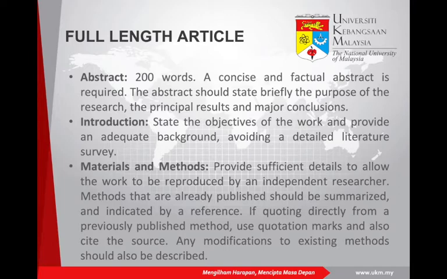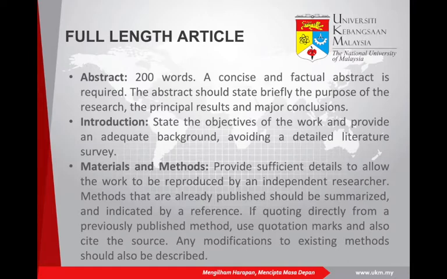And then the next section, which is the most important section, I think, is the materials and methods section. You should provide sufficient details to allow the work to be reproduced by an independent researcher. Methods that are already published should be summarized and indicated with a reference.